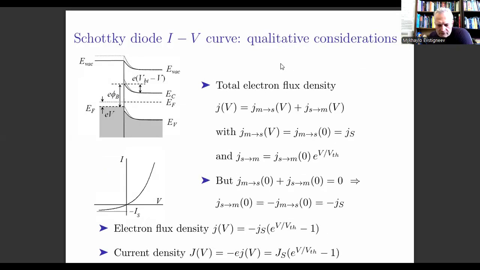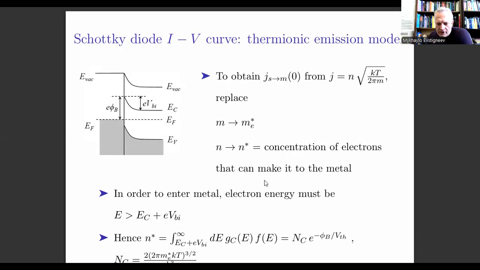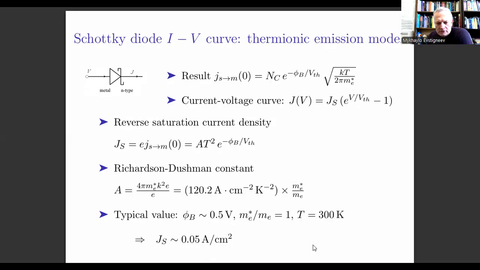Using this formula, we obtain the current-voltage curve of a metal-semiconductor junction diode, the Schottky diode, where Js, capital J sub S, is the reverse saturation current density. It is given by this expression, multiplied with the elementary charge.